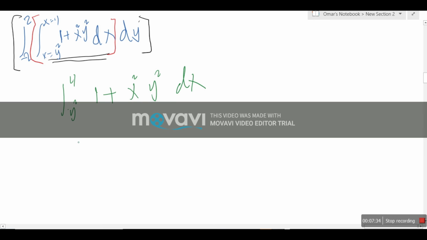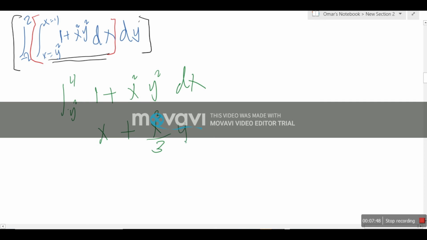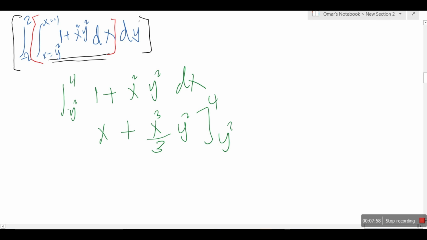It's easy for us to do this integral. So this will turn out to x plus x cubed divided by 3 and y squared, and our regions are 4 and y squared.